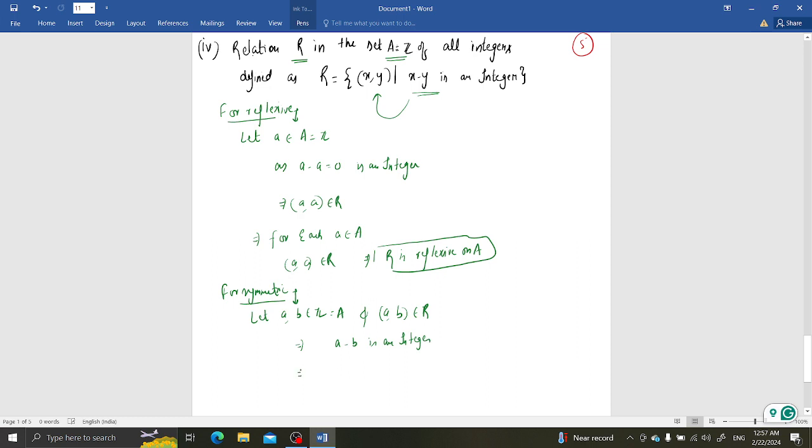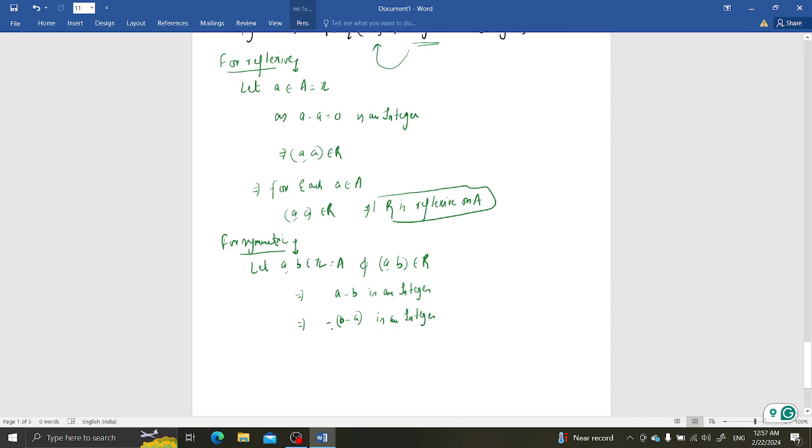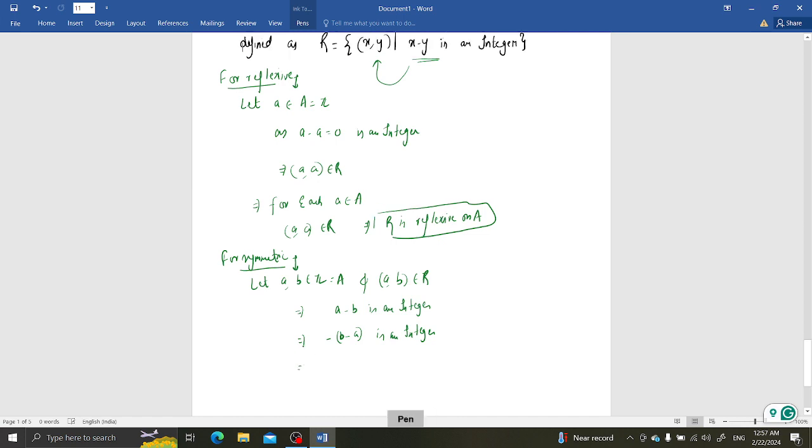If A minus B is an integer, minus of it, B minus A, is an integer also. Now tell me one thing, if minus 1 is an integer, this has to be an integer or not? So this implies B minus A is an integer.